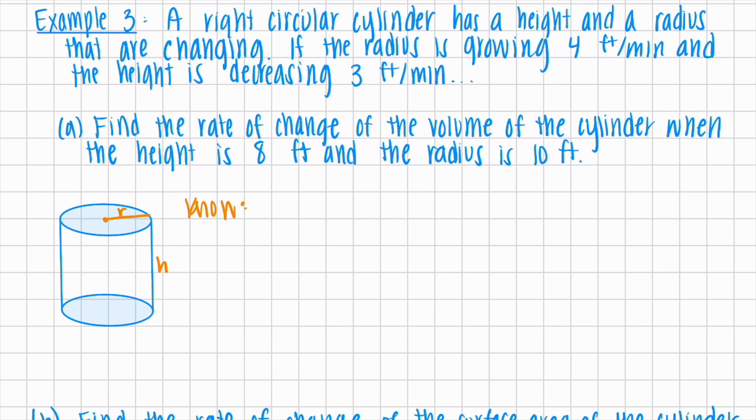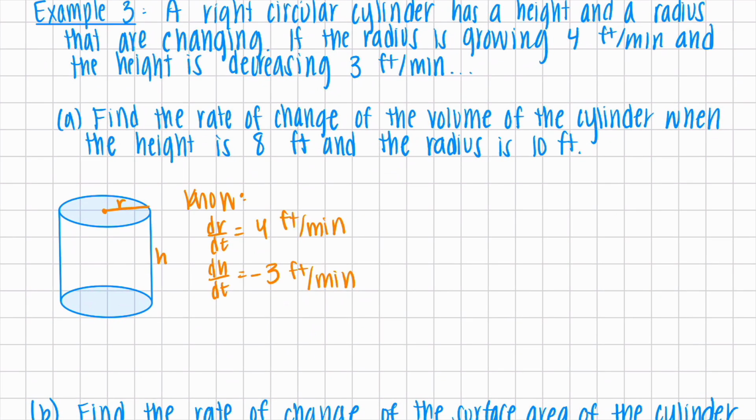I'm going to say we know the radius, dr/dt, is growing 4 feet per minute. Height, dh/dt, is decreasing 3 feet per minute. Find the rate of change of the volume of the cylinder.